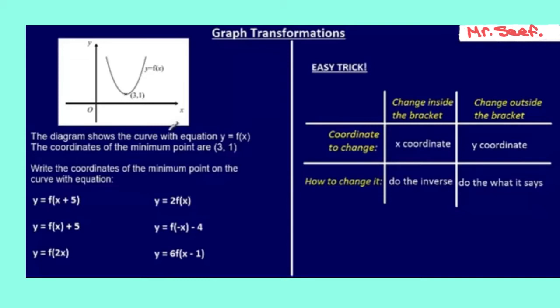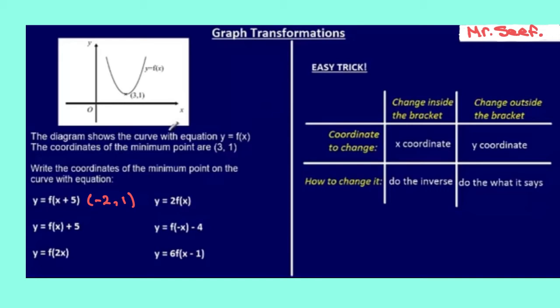We do the inverse. Well, we're told to add 5. So the inverse of add 5 is subtract 5. So we subtract 5 from the x coordinate. So that becomes -2, 1. The y coordinate stays the same.